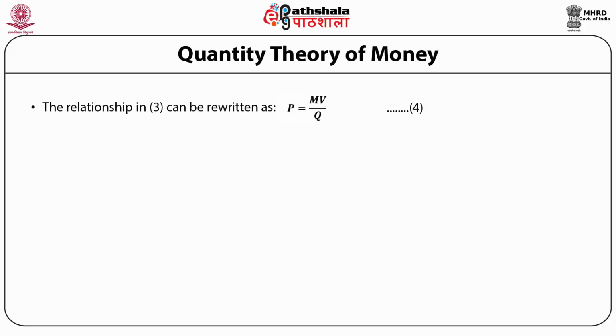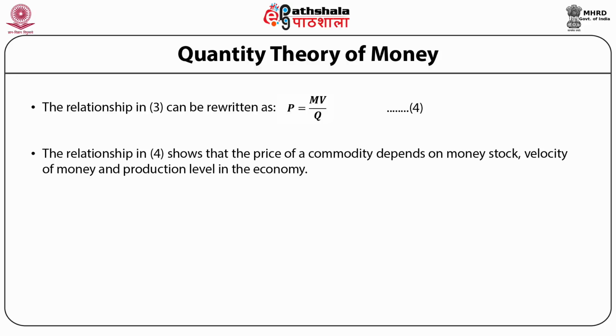Now, the earlier relationship between P, M, V and Q can be rewritten as P equals MV divided by Q. This relationship shows that the price of a commodity depends on money stock, velocity of money, and production level in the economy.